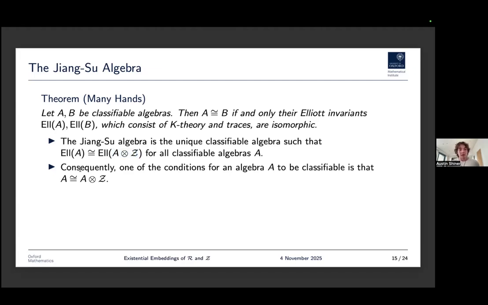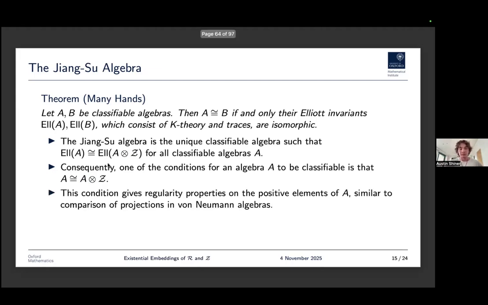And consequently, one of the key conditions for an algebra to be called classifiable is that A is isomorphic to A tensor Z. This is what I mean when I say regularity properties. What this condition gives you is some regularity properties on the positive elements of A that allow you to get some notion of comparison similar to comparison of projections in von Neumann algebras.